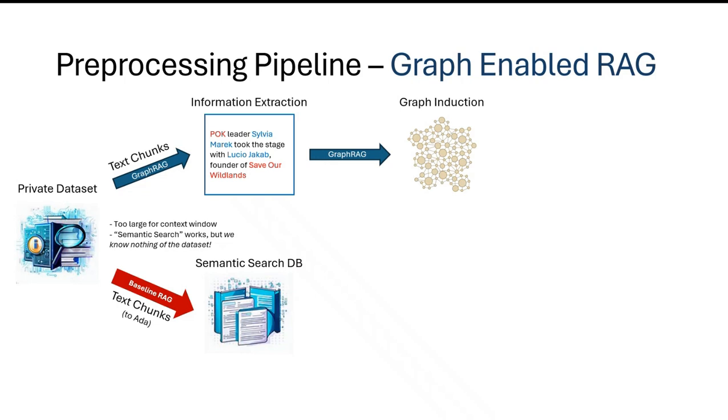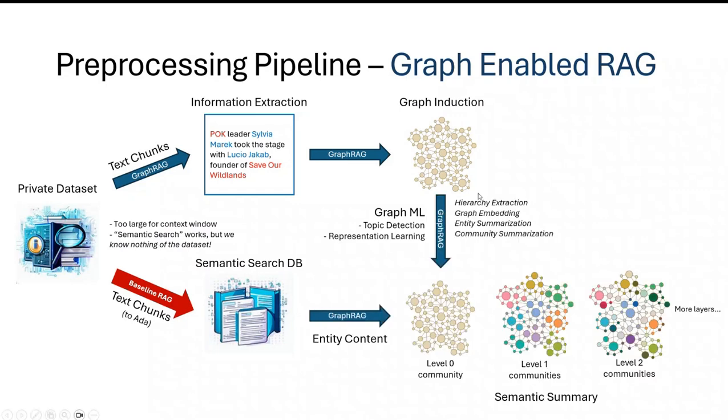This is the first layer of the graph, a very high-level community. Even within communities, there are multiple levels: level 0, 1, 2, 3. As you go deeper, if you have a very large data set, you might have multiple layers of community based on the kind of data you're dealing with.